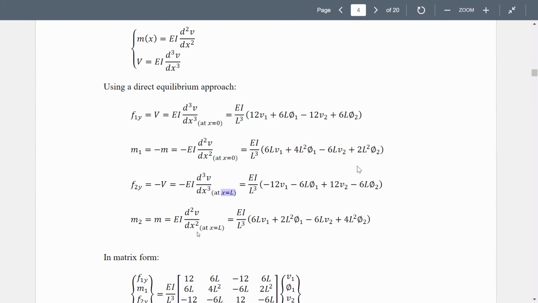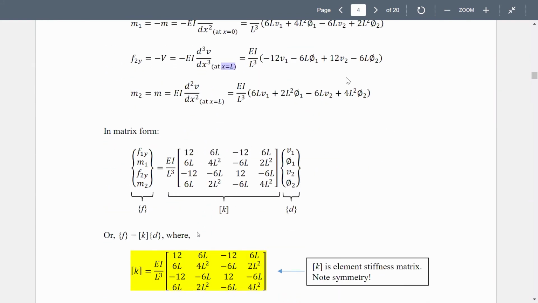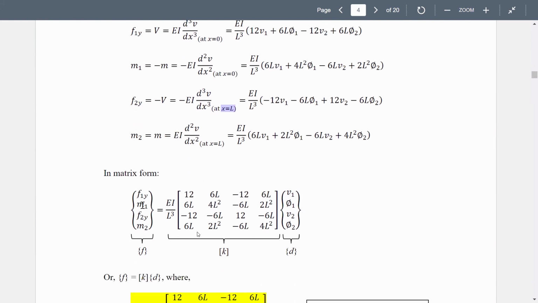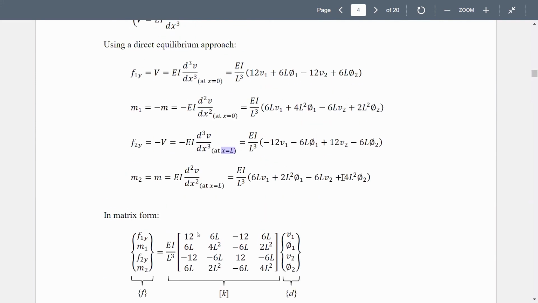Let's write everything in matrix form, all of these 4 equations. This is F1y, M1, F2y, M2. This is F1y, M1, F2y, M2. And for these 4 equations, you see V1, V1, V2, V2, and it repeats again.